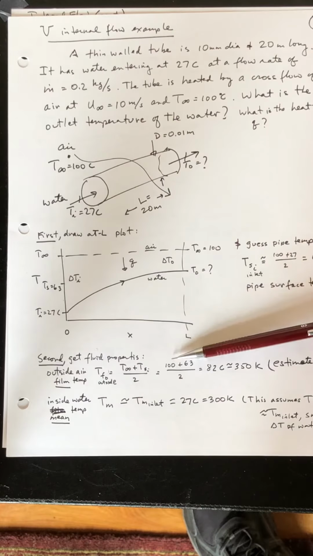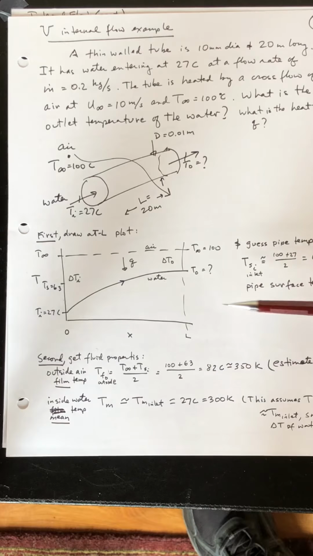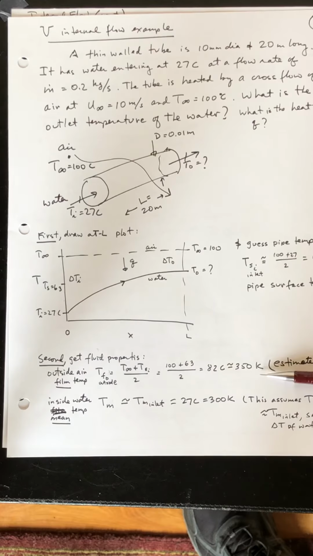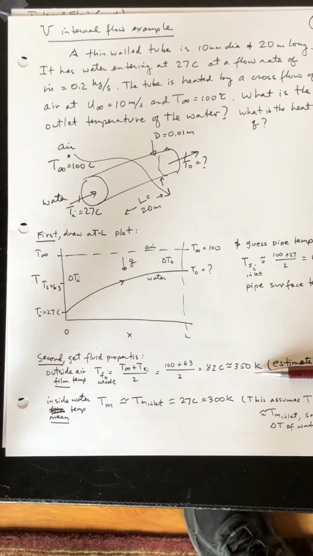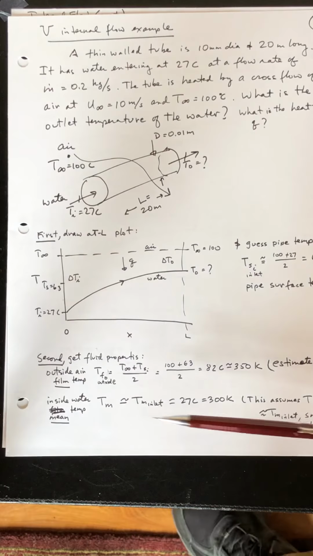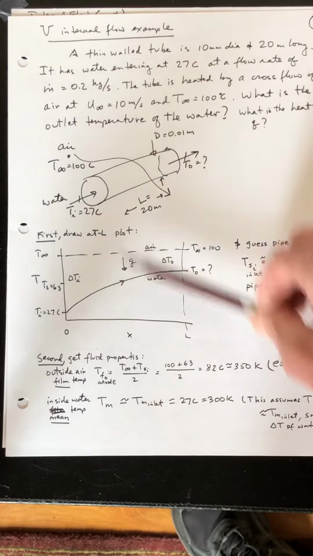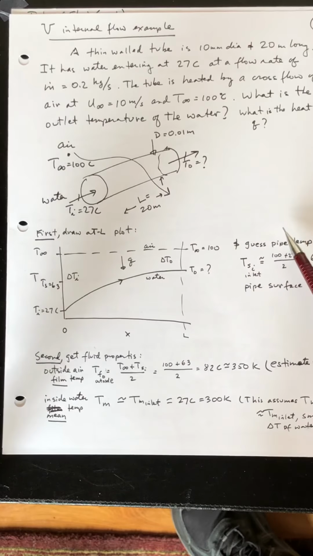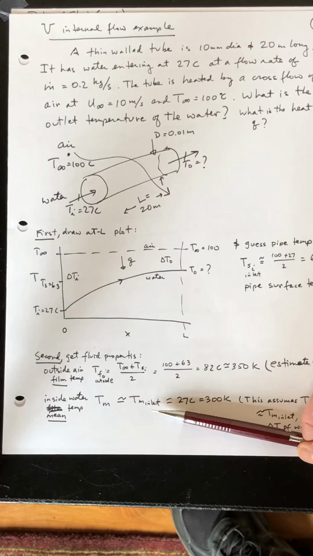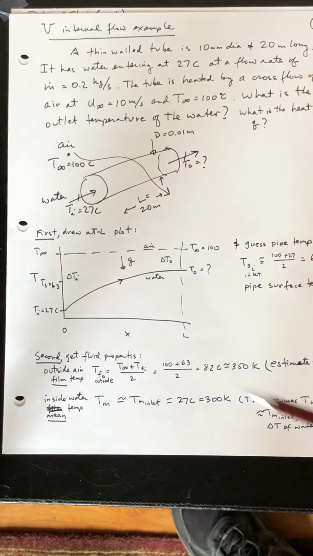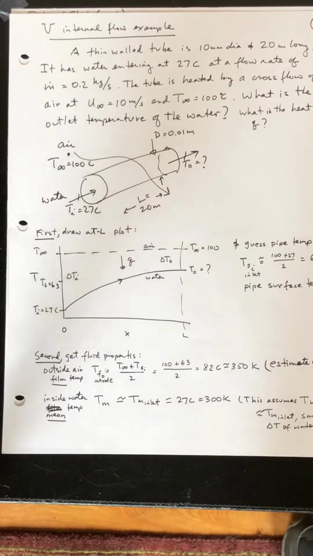So that would be 100 plus 63 over 2. That'd be about 82 C or about 350 K. I like to just pick numbers where I can go to the tables and not have to interpolate. On the inside, what we'll do is make an assumption that the temperature rise of the water is low enough so that we'll just look at the properties at 27 C or 300 K.